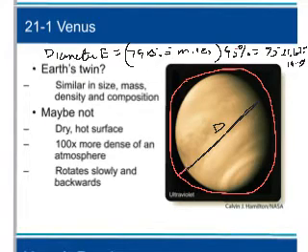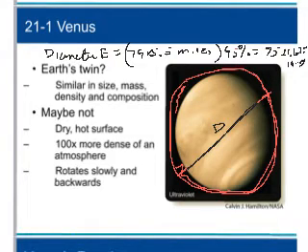If you stuck Venus right in front of the Earth, it would look like an eclipse of the sun, but you would still see a little bit of the Earth around the outer part. It would not be a total eclipse.